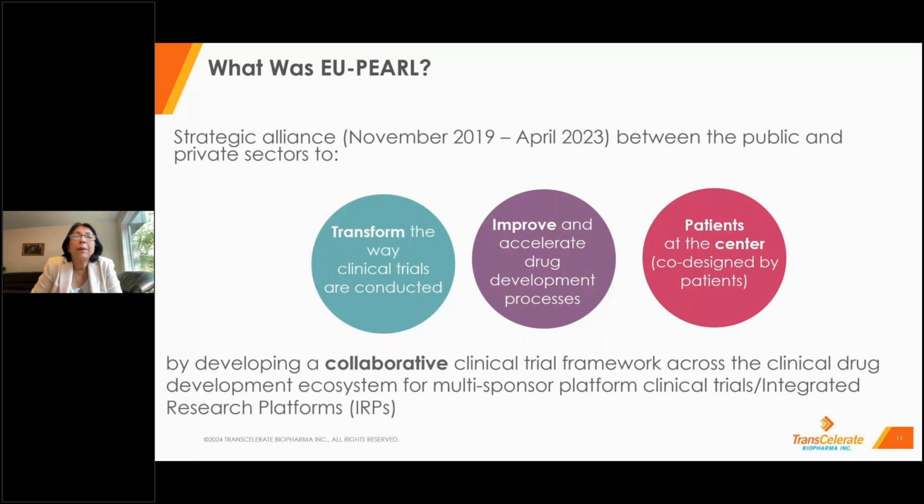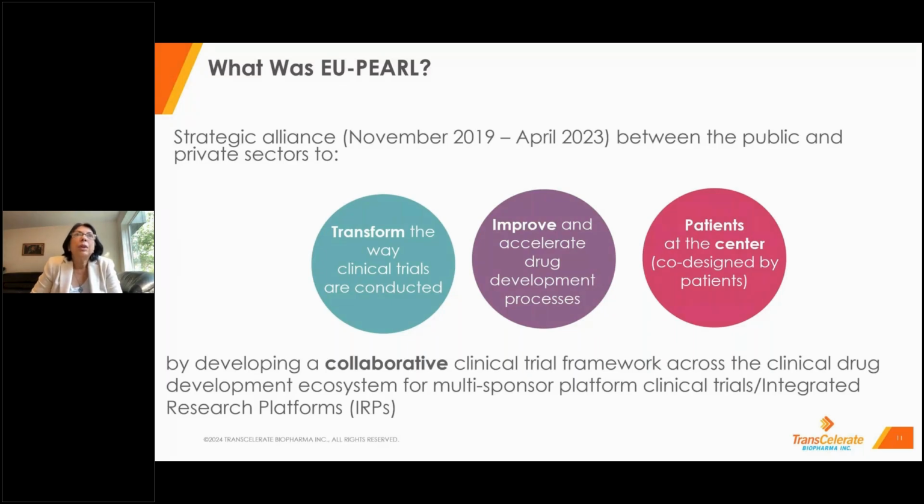And this partnership has been active since 2019. And it had a shared vision of transforming clinical trials and making them more efficient and patient-centered. EU-PEARL was an excellent way in which to share knowledge, and also it allowed for open discussion amongst the various stakeholders that took part in this consortium.